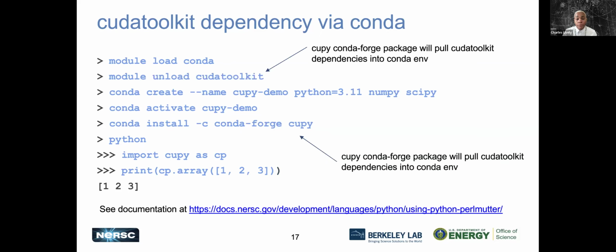With CuPy, we can use conda-forge to pull the CUDA toolkit dependency into your Conda environment. You can just do your conda create, name it whatever you want for this environment, and then install the CuPy conda-forge package to pull that CUDA toolkit dependency into your environment through conda install.